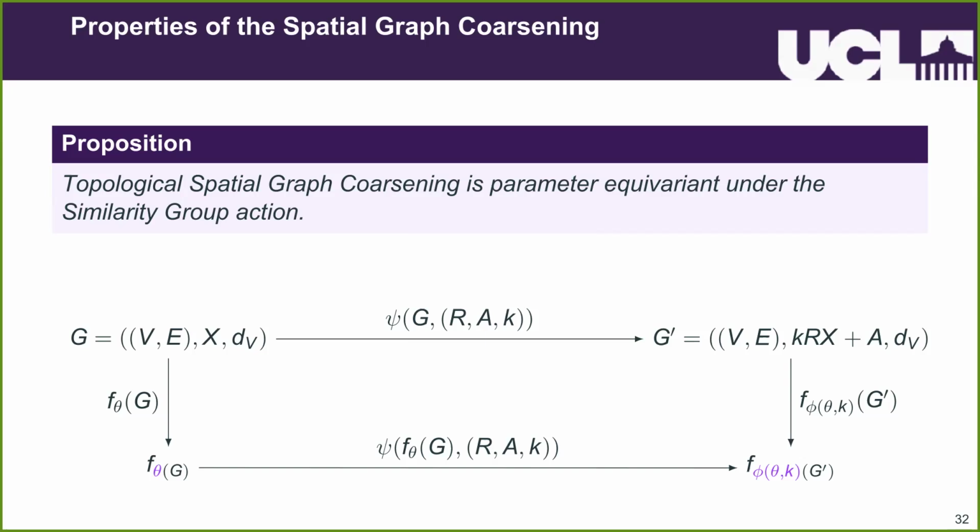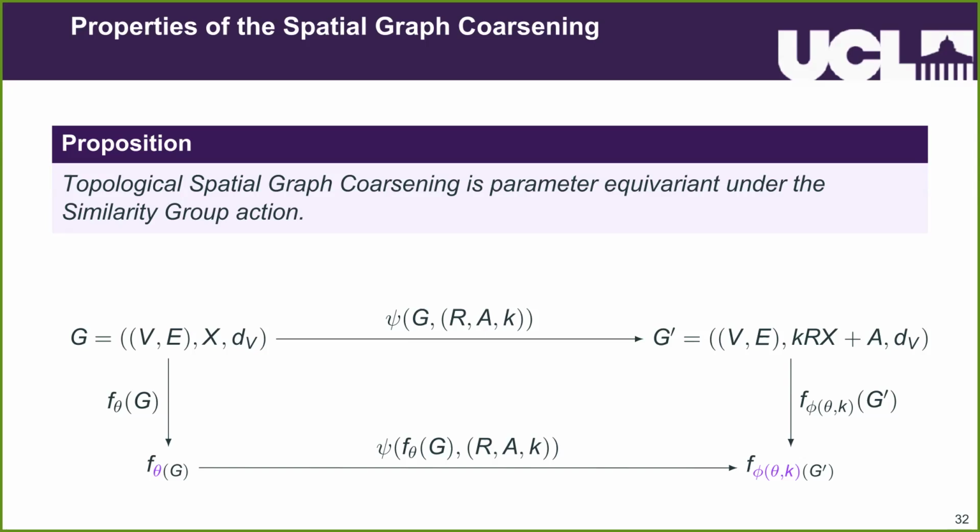It's not difficult at all conceptually, but it took quite some time to formalize it properly. The idea is basically, if you give me the same graph, rotated, translated, and scaled, I'll give you out the same coarse graph at a different scale, which is the same scale multiplied by this parameter K, the same one I have in the group action.